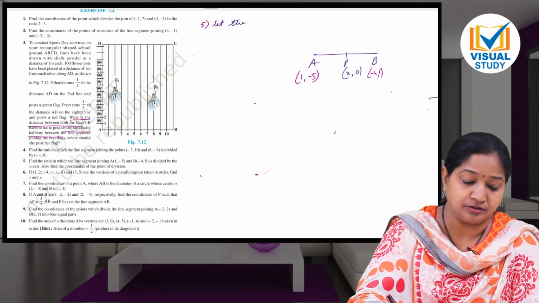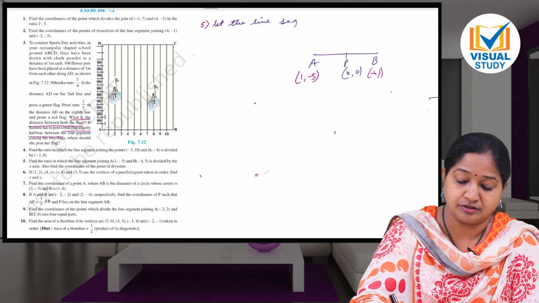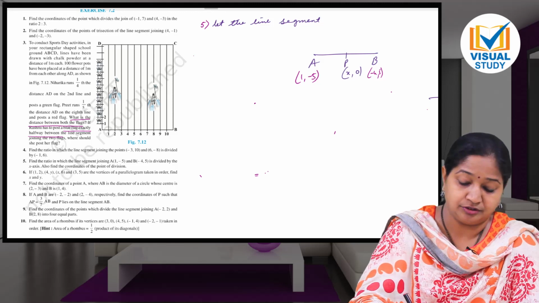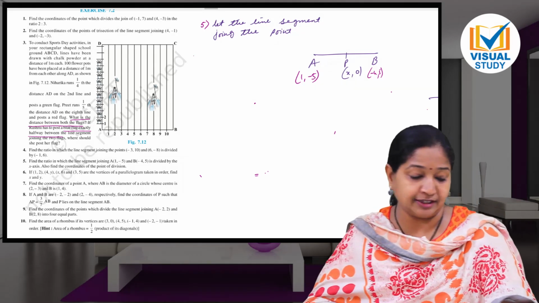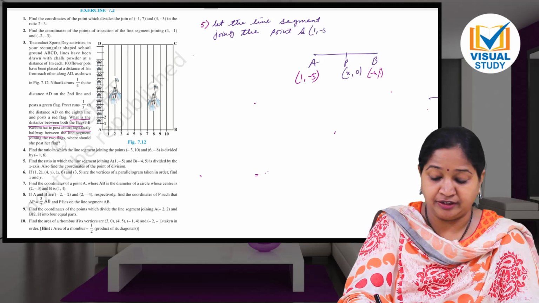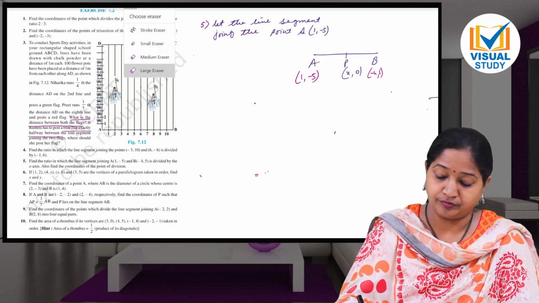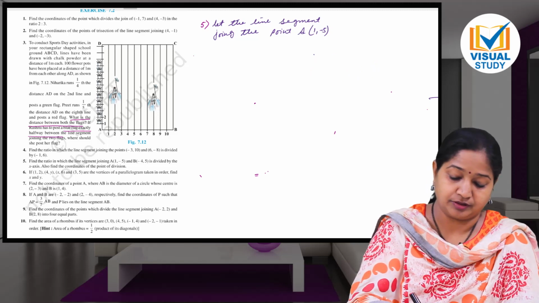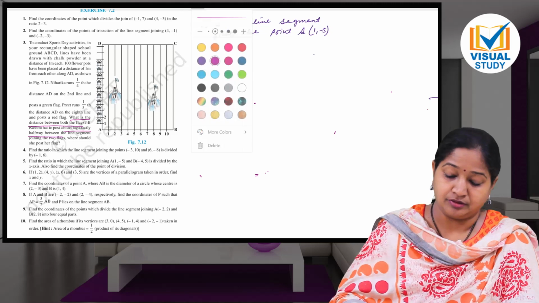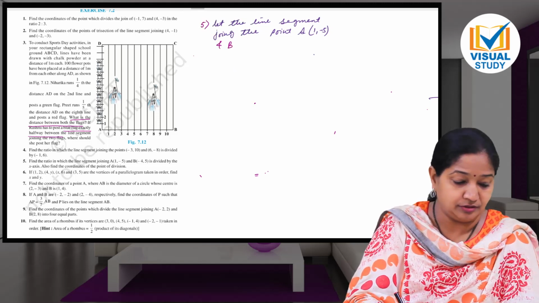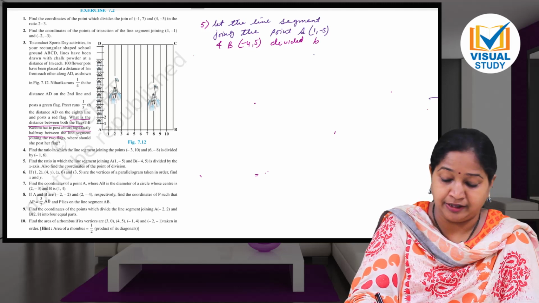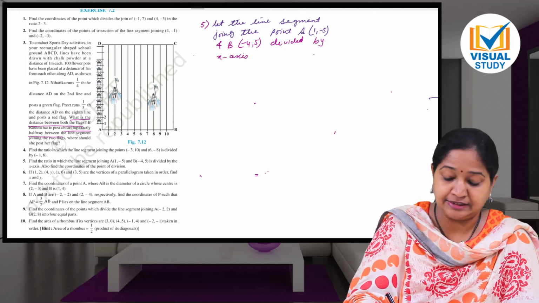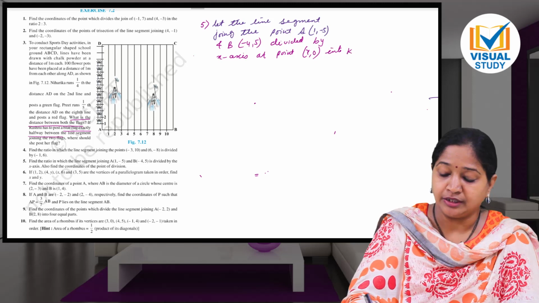Let the line segment joining the point, that is A, 1 and -1, and B -4 and 5, divided by x-axis at point x and 0 into what ratio, k is to 1.